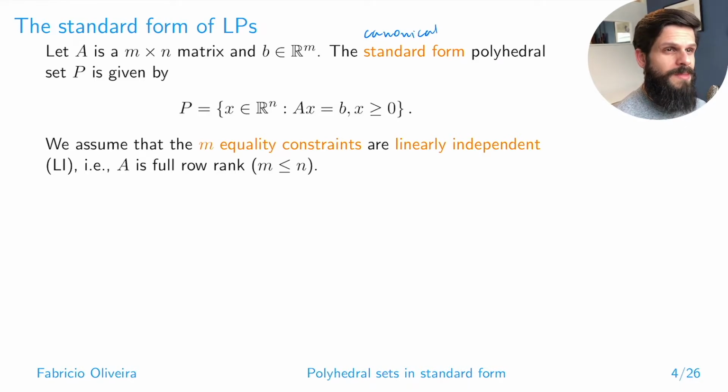And the version of the problem in which you only have equality constraints then becomes either the standard or the canonical. So basically, in our course, whenever we say standard form, we mean the problems that have equality constraints. We'll talk briefly about how you can turn an inequality-based problem into an equality-based problem.